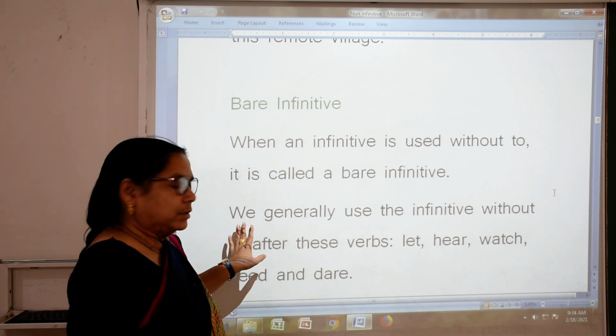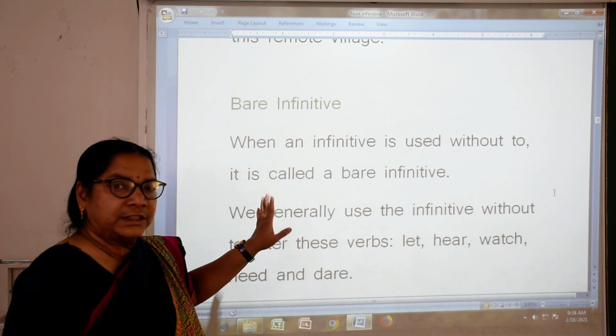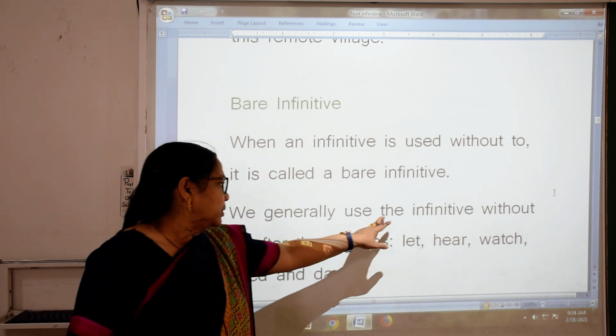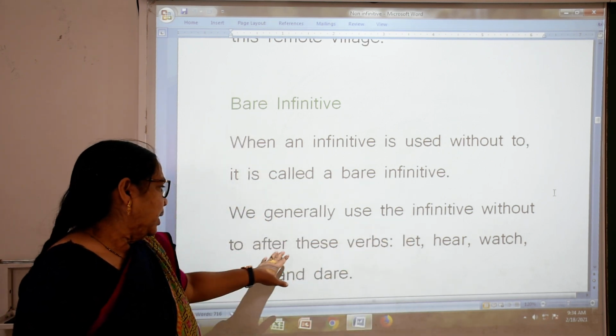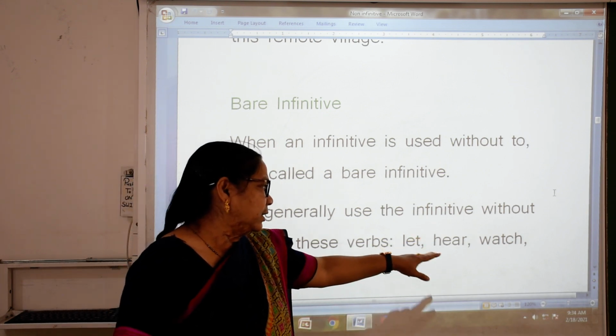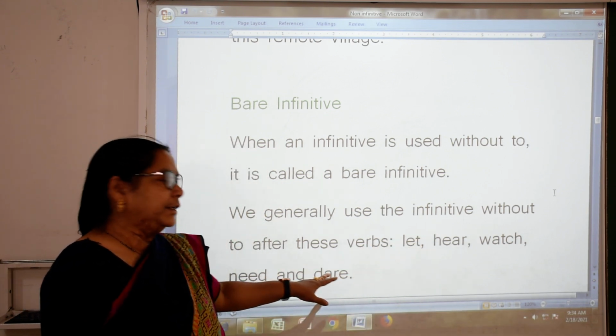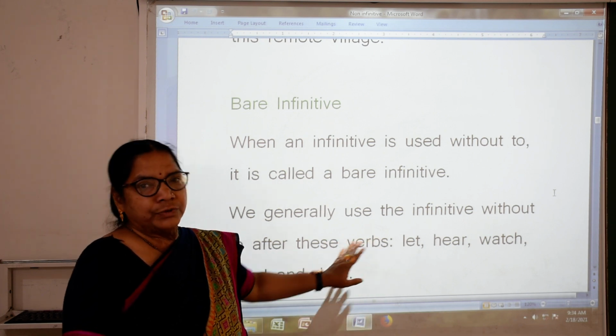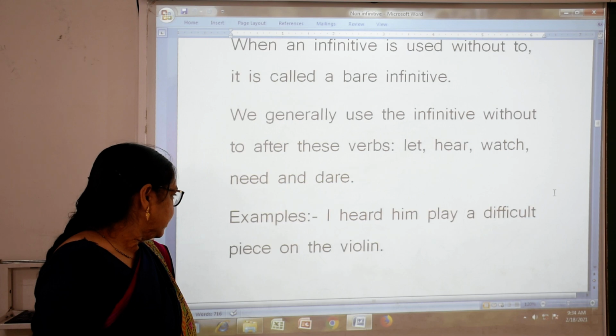We can read, say, or write the sentence without "to". We generally use the infinitive without "to" after the verbs let, hear, watch, need, and dare.